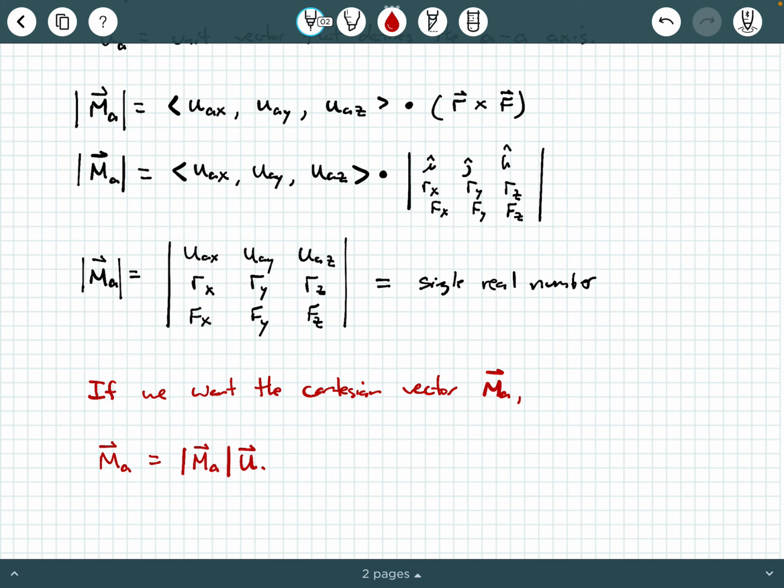The unit vector of that axis, okay? So we take that magnitude, which we just got as a single real number using the unit vector of the axis. We already have this, and we just do a regular multiplication with that unit vector of that axis, okay? So that is it. That's it in a nutshell for a moment about an axis.